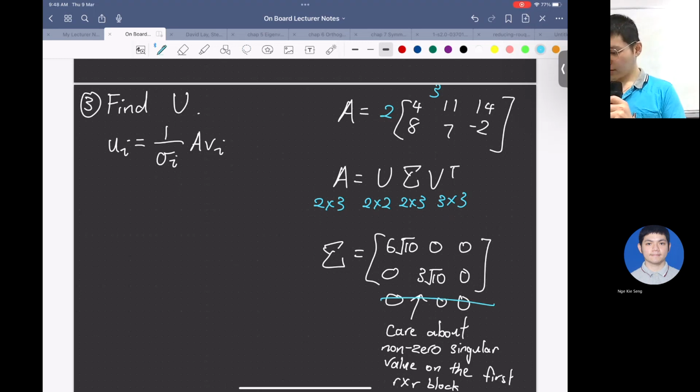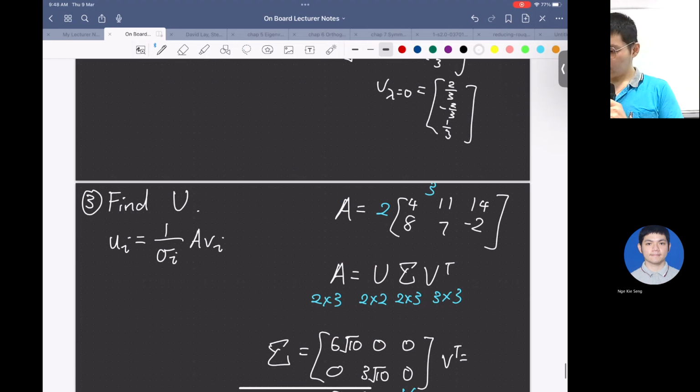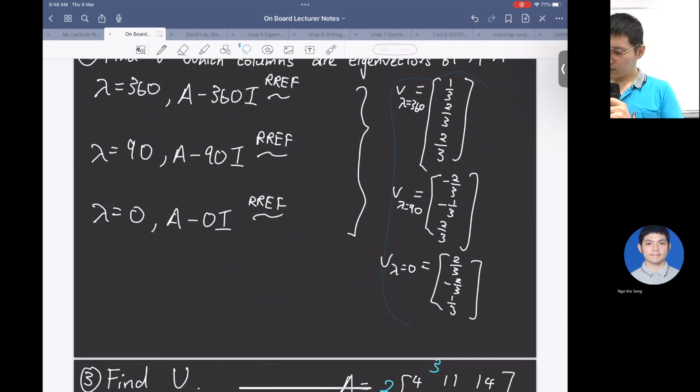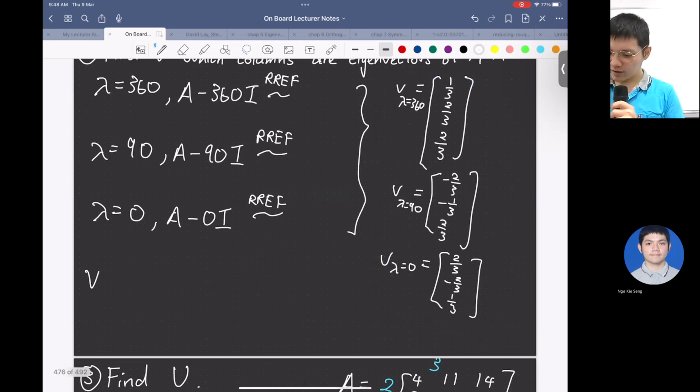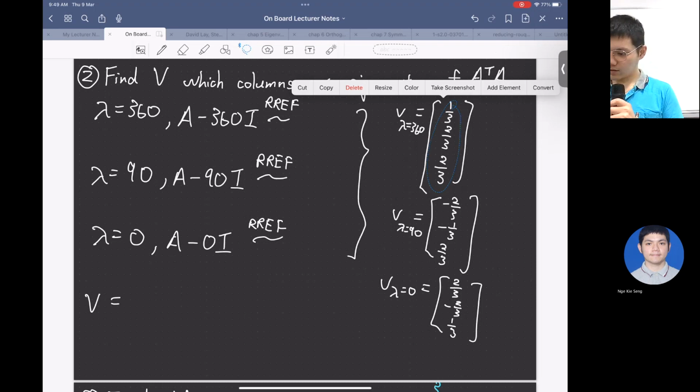We just care about the non-zero ones. We also got V already, so let me put it here. For V transpose, V is actually equal to these 3 vectors here.